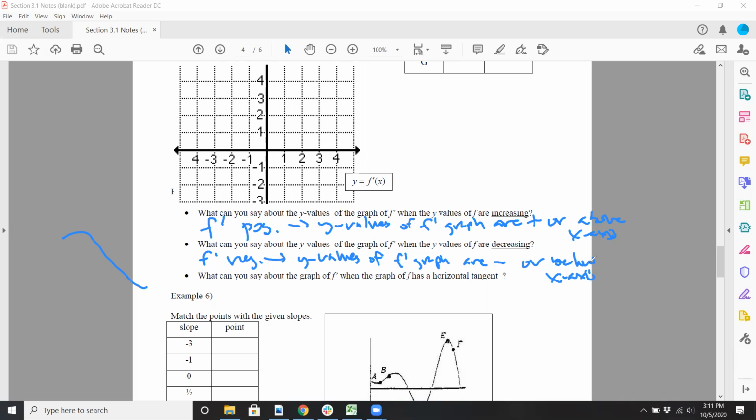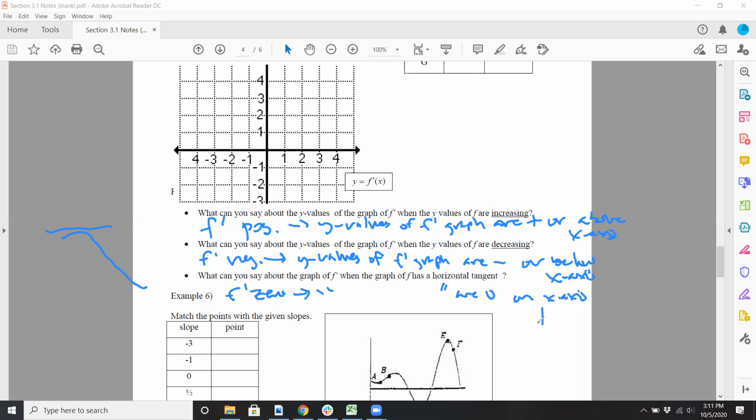And then what happens when we have a horizontal tangent? So we have like a peak there. Well, f prime is going to be 0. And again, the y values of that prime graph are 0. And they happen to be just on the x-axis.